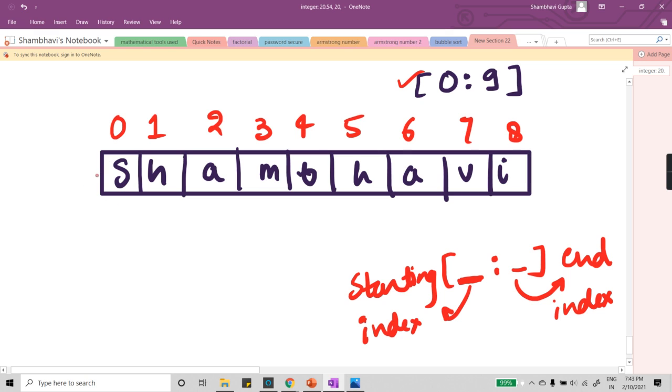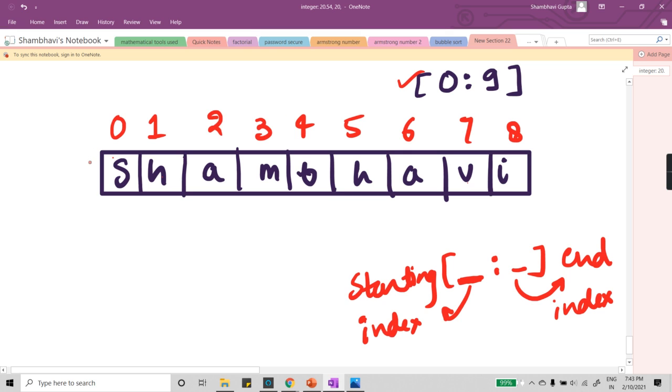So let's say S has the value 0, H has 1, A 2, then M 3, B 4, H 5, A 6, V 7, I 8.